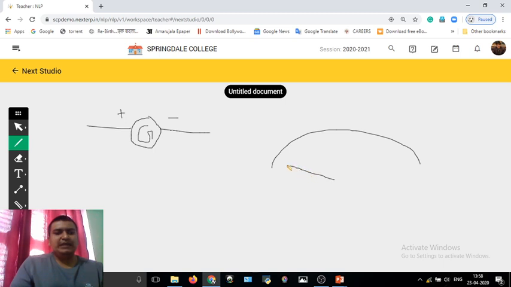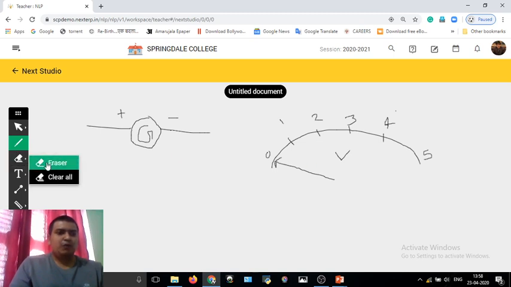In a voltmeter, the needle points from 0 to something, suppose 5, with 1, 2, 3, 4 markings in between. If it is a voltmeter, it represents 0 to 5 volts.